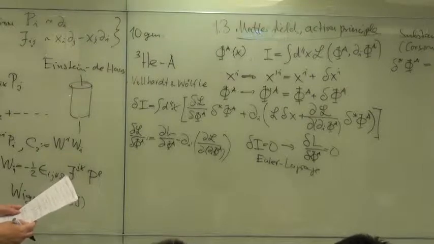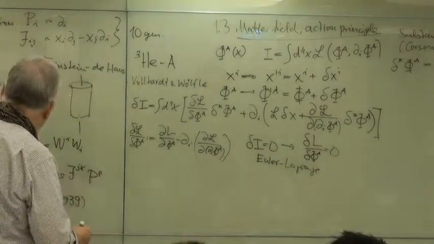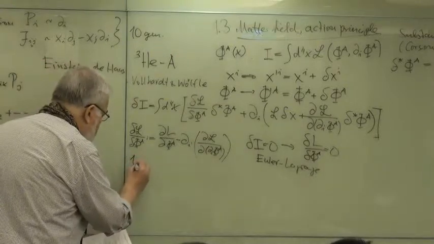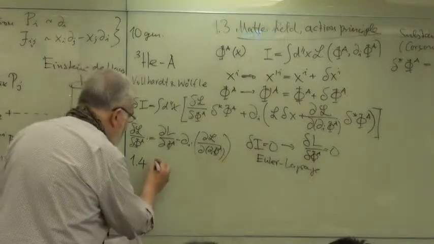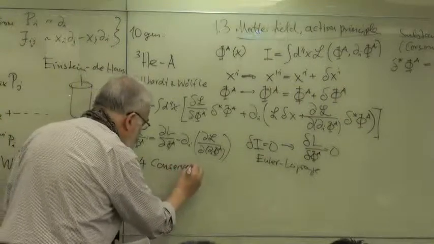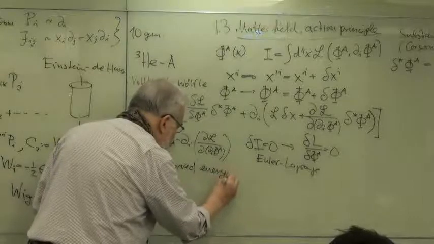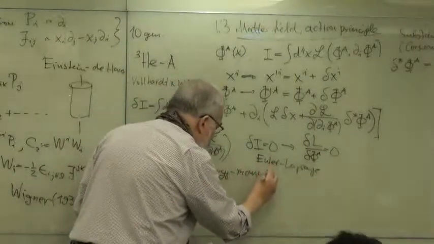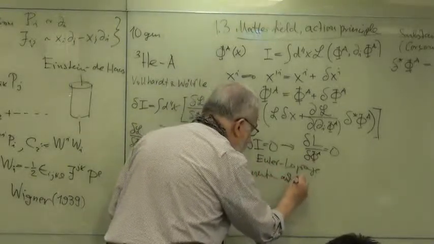But now let me come to the conserved quantities, which we are interested in because we studied, of course, the Poincaré group, translations and rotation, and what we now want to have is a conserved energy momentum, and angular momentum currents.